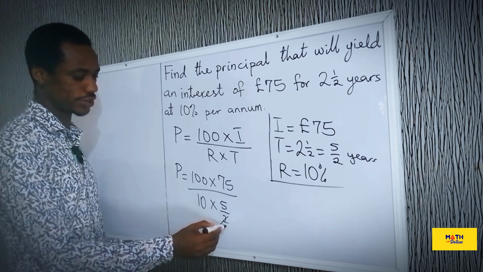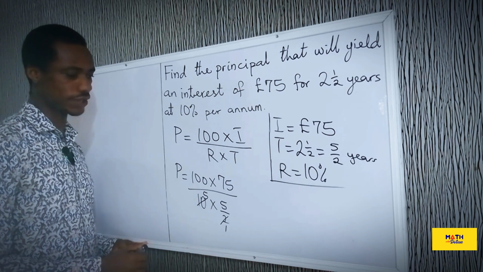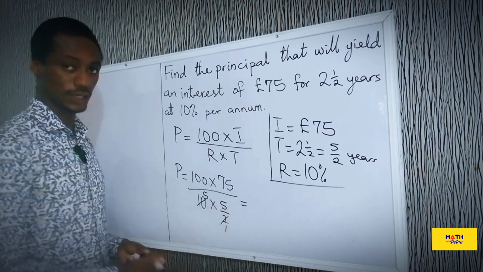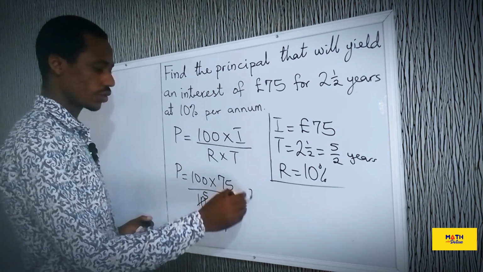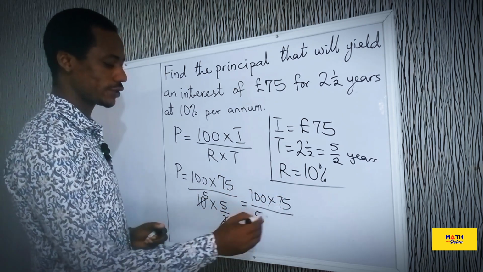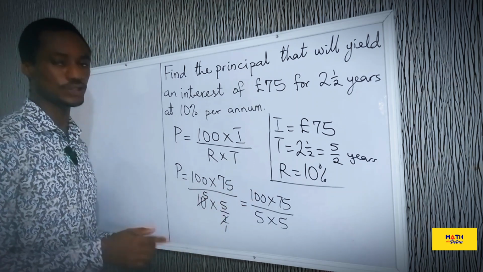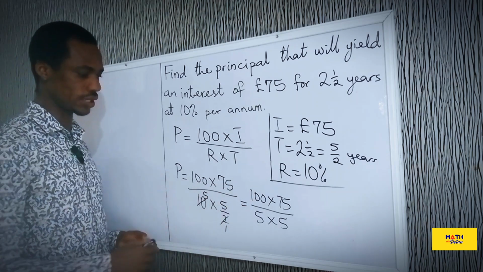So 2 can go here. 2 in 10 is 5. What I have left, I just want to rewrite it to show you, will be 100 times 75 over 5 times 5. I'm rewriting this so that it will be clear, not that you have to do that.